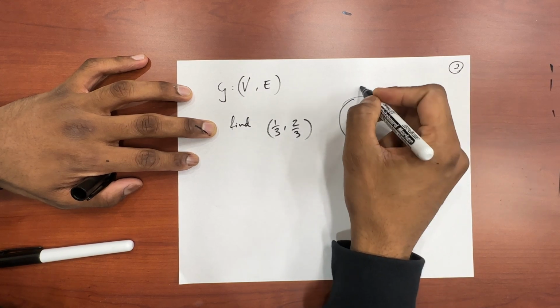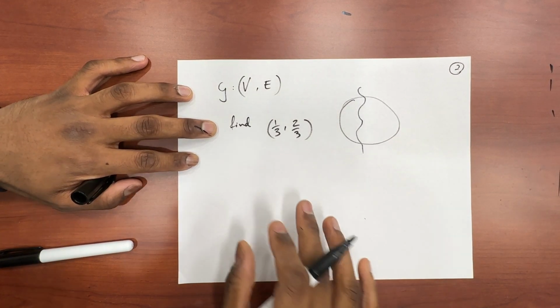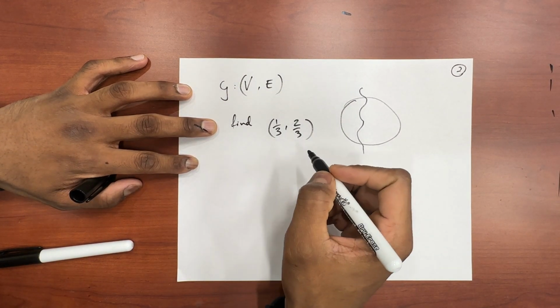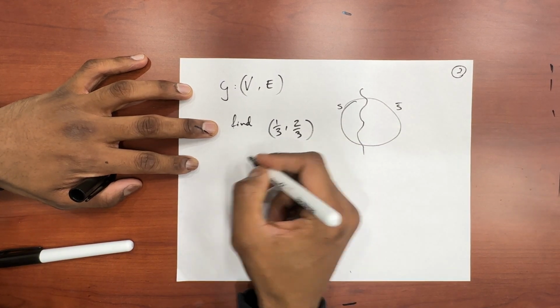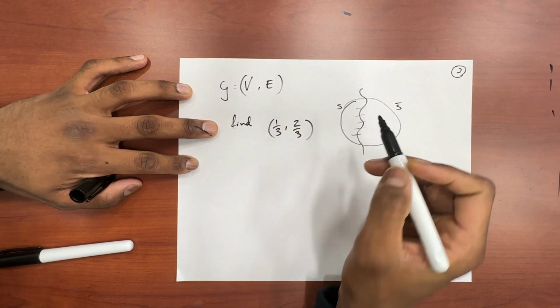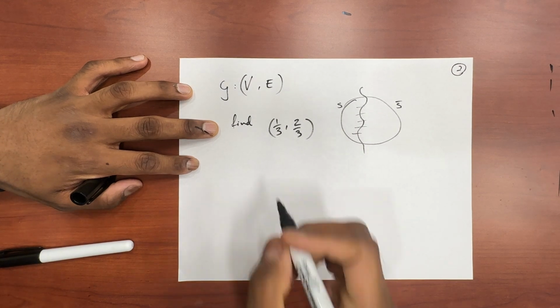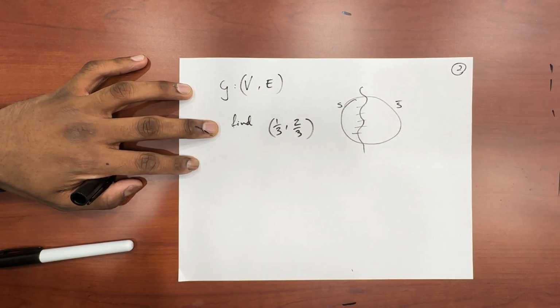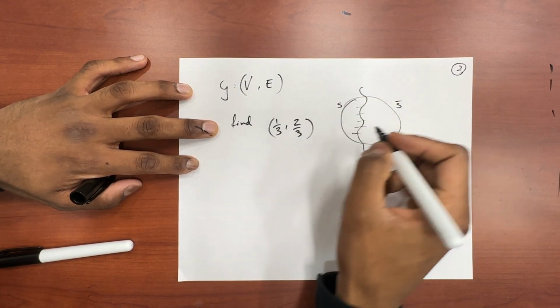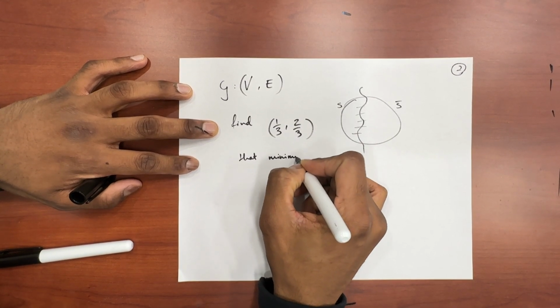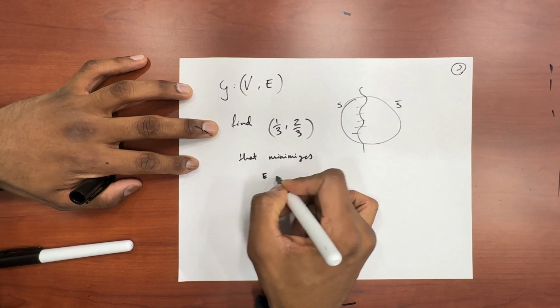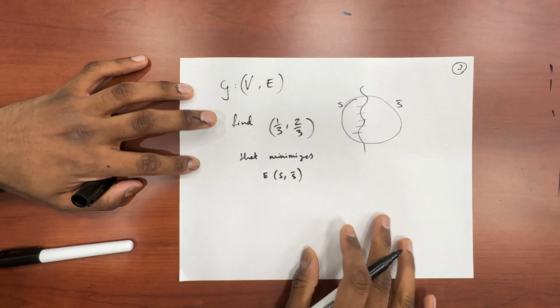If this is the graph, find something which is relatively balanced, cuts it into S and S bar, such that the number of edges which are crossing S and S bar are minimized. So find a 1/3, 2/3 cut S, S bar that minimizes the number of edges going between S and S bar.